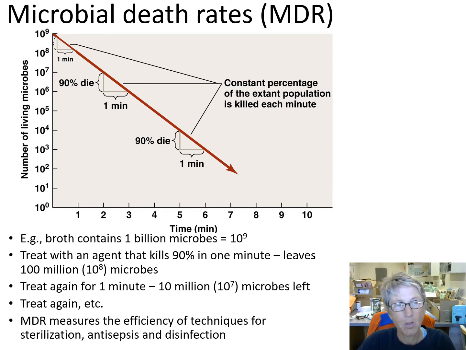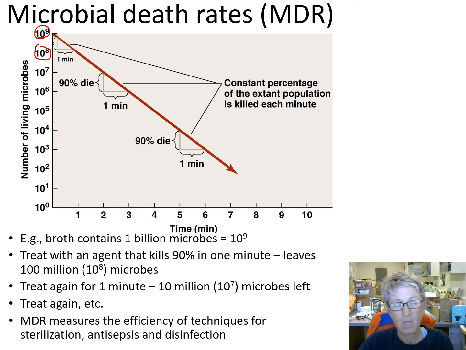So for example, you have a broth of microbes, start up here, 10 to the 9th, contains a billion microbes. You treat with your agent of death, and under ideal circumstances, in 1 minute, 90% of those microbes will be killed. So you go from 10 to the 9th to about 10 to the 8th microbes.